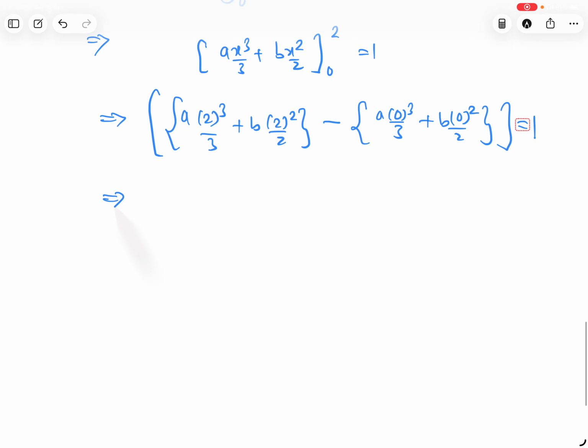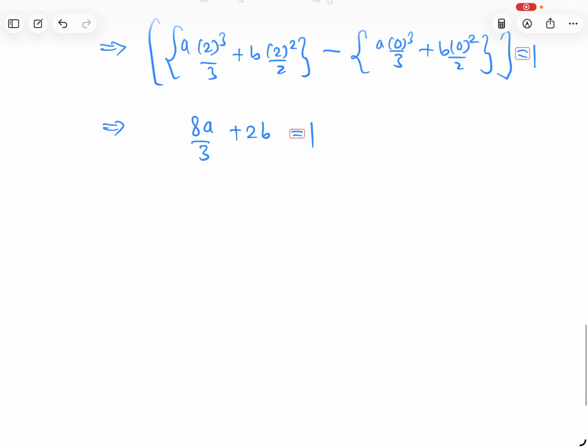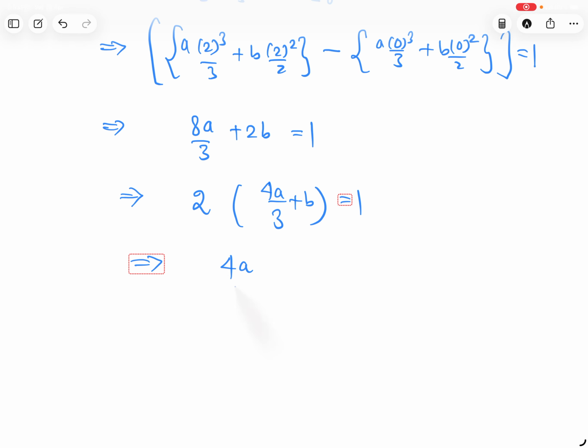After solving it, you will get 8a/3 + 2b = 1. So we can take 2 common: 4a/3 + b = 1/2. Let's call this equation number 2.